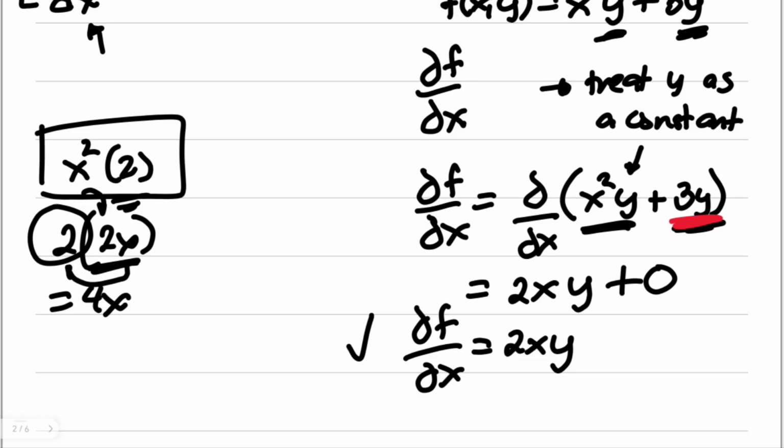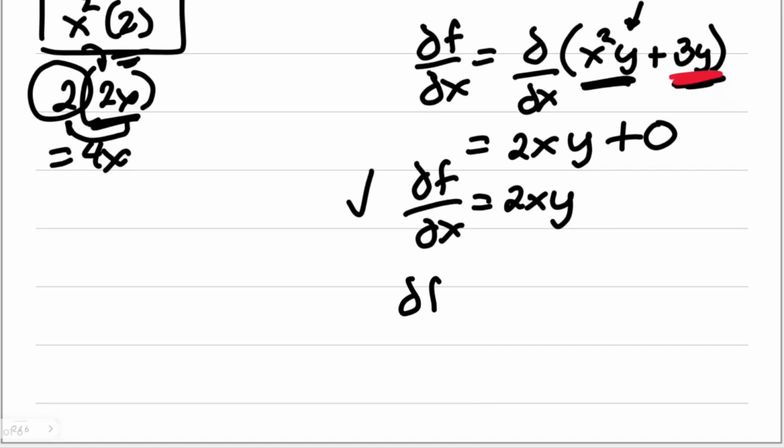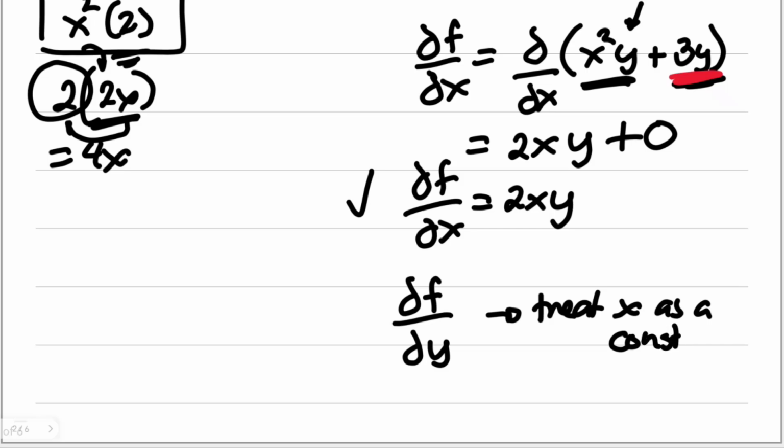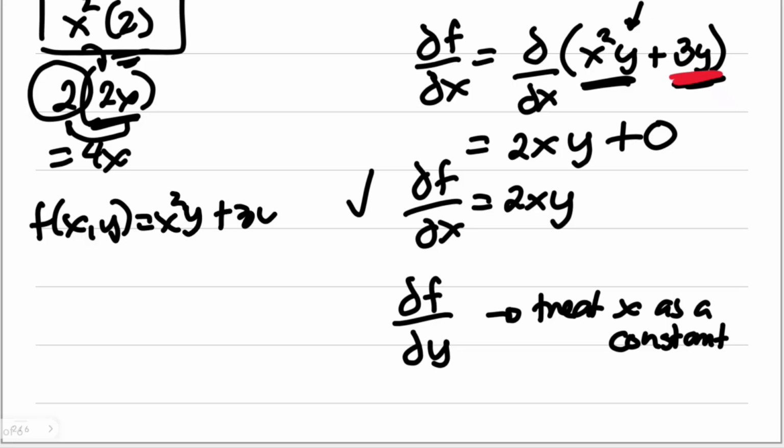And this may not be the same as when we solve for the partial derivative of f with respect to y, because this time we are going to treat x as a constant. In short, our function earlier is actually x squared y plus 3y here.